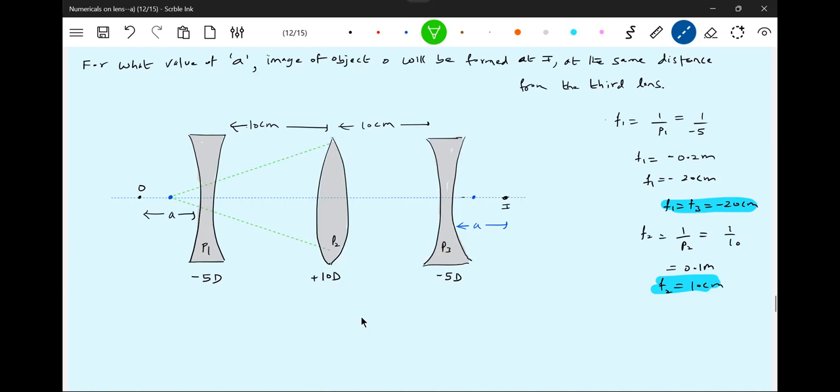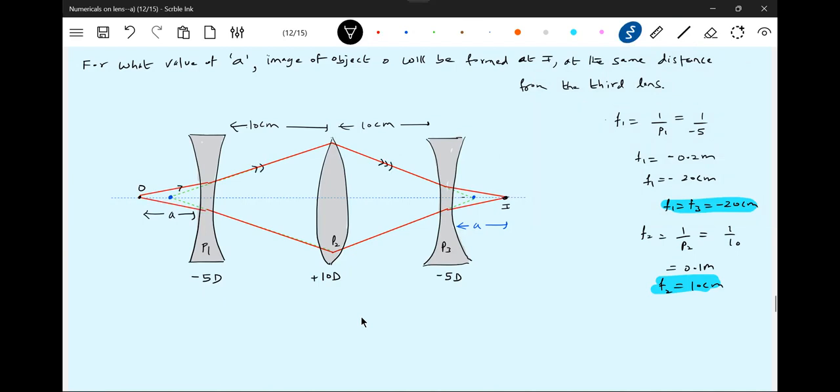I'll explain clearly because this is what is needed. The ray refracts, and similarly here also.